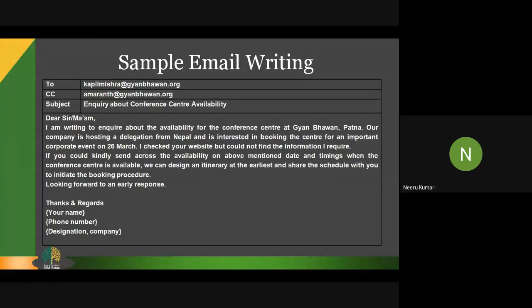Beta, please remember CC is marked whenever we are talking about the people to whom we are sharing the information. There could be 10 people, there could be one person, there could be many people. So in CC, we can mark many people.